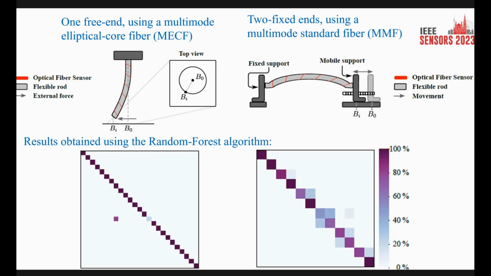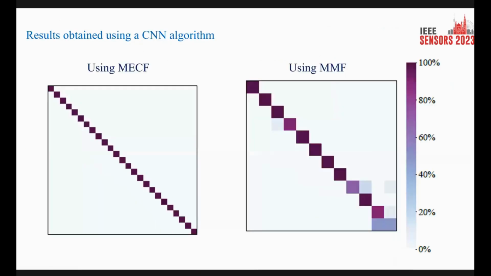And then we see that the elliptical core fiber provides better results than the multimode fiber, which is expected because the elliptical core will be more sensitive to any deformation, while the standard fiber is less sensitive to this deformation. But when we change to a somewhat more advanced algorithm, like the CNN algorithm, then we can get very good results as well with the multimode fiber.